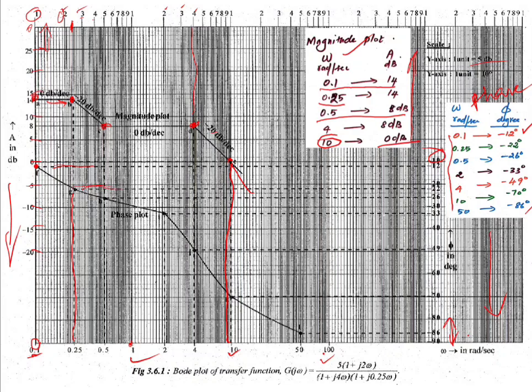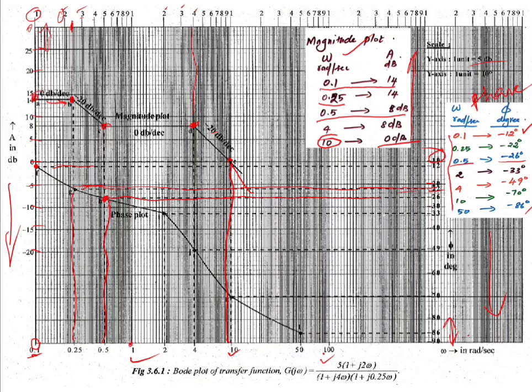So this is the second one, below minus 20, minus 22 degree. The third point is 0.5 and is minus 26 degree. Minus 26 degree, below minus 22. It's around here, somewhere here, and the frequency is 0.5, and this point.